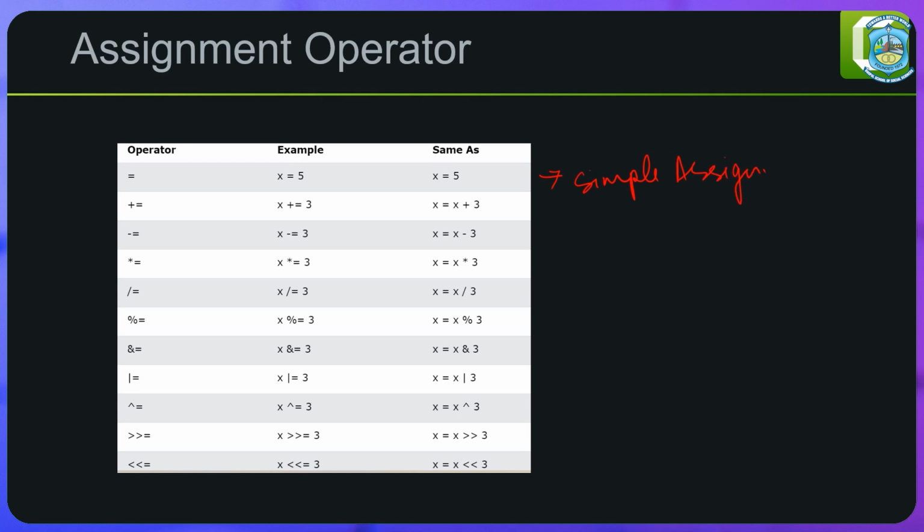Simple assign. Plus equal to stands for add and assign. Minus equal to stands for subtract and assign.